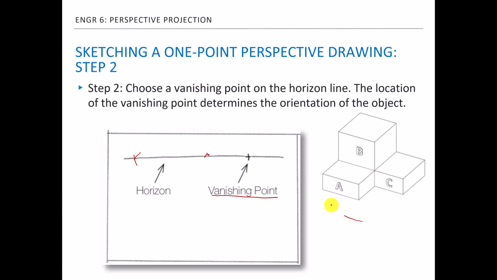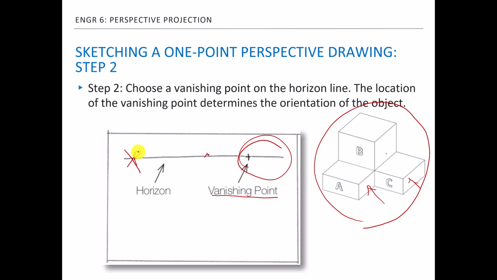But let's say I want to sketch in this orientation. I want to see more of these surfaces rather than the back surface. Then you put your vanishing point toward the right side of the horizon line. If you put your vanishing point on the left, you're going to see more of the left side of the object, so the object will rotate.